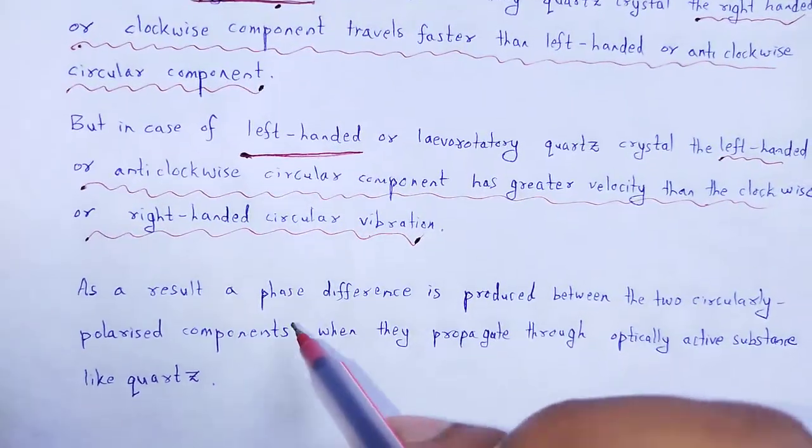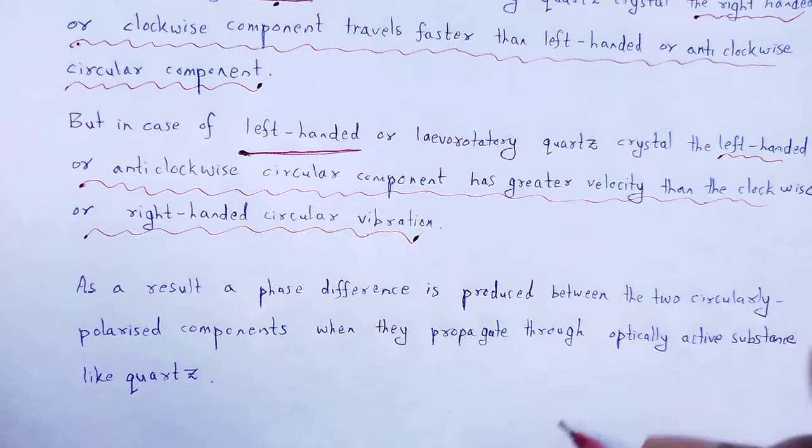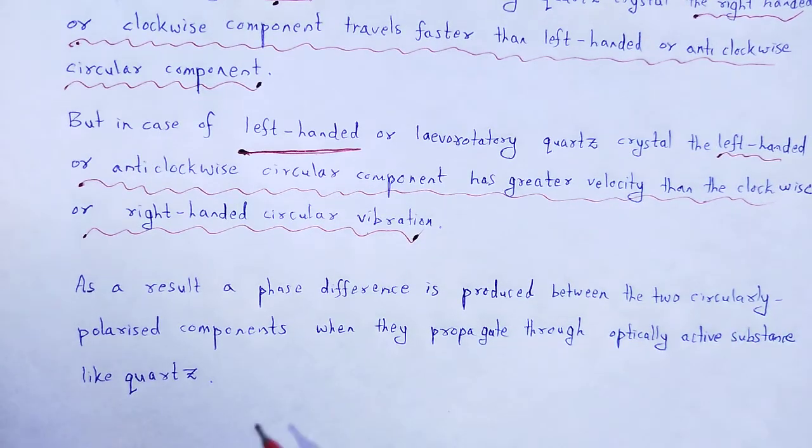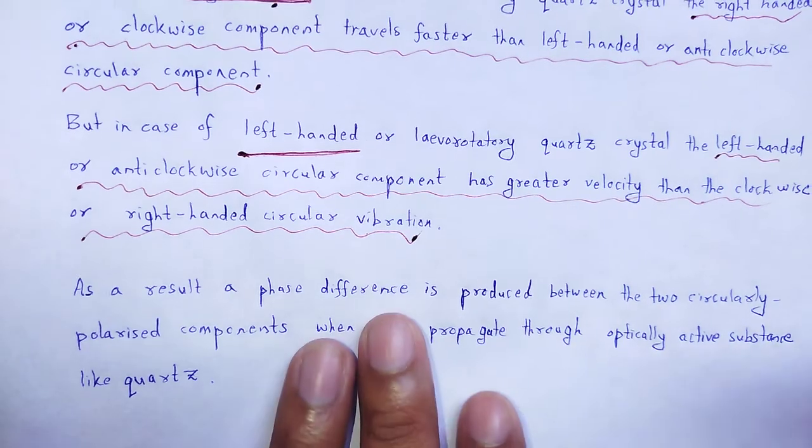As a result, a phase difference is produced between the two circularly polarized components when they propagate through the optically active substance like quartz.